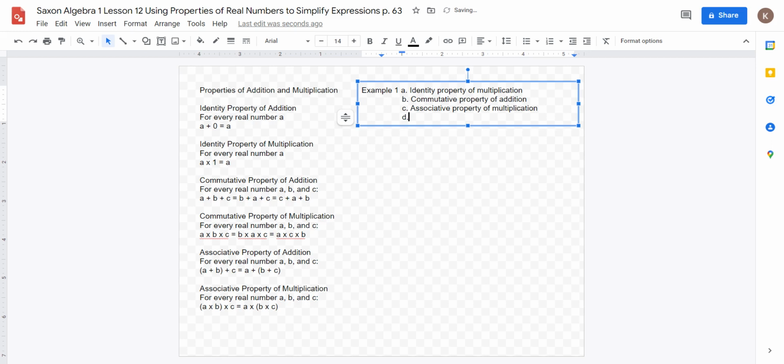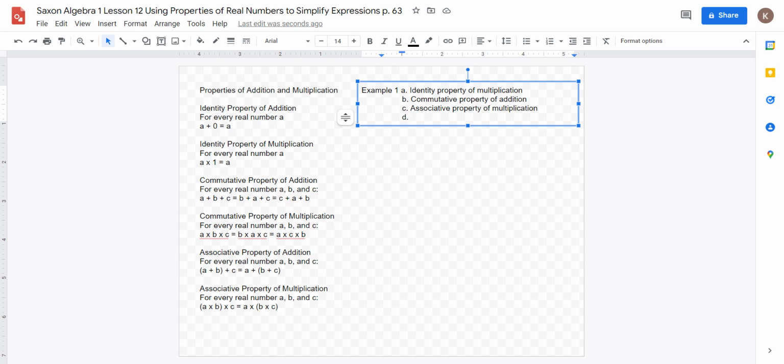And then letter D, (12 plus 9) plus 5 equals (9 plus 12) plus 5. Oh, wait a second. This one's tricky because I see that association there between 12 and 9, but the same two numbers are associated together on the second part. I just flipped their order around.